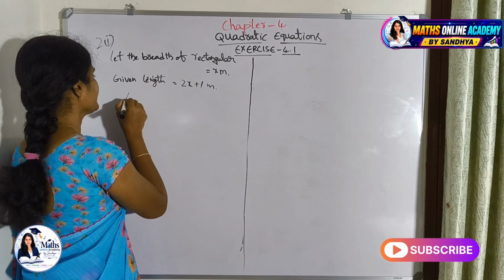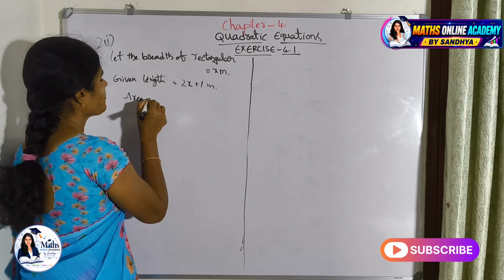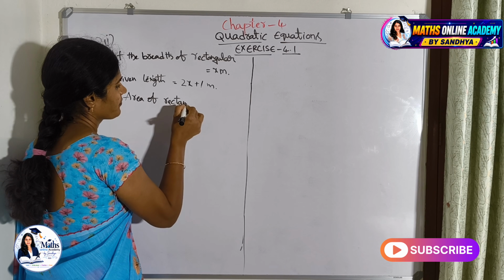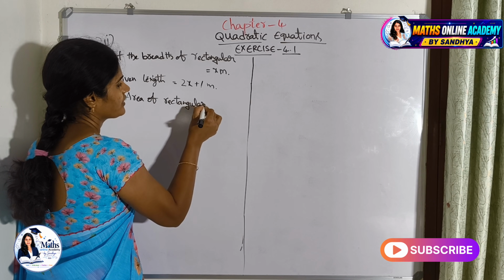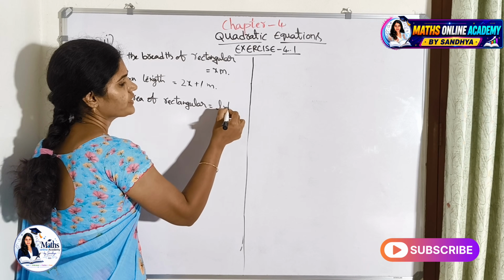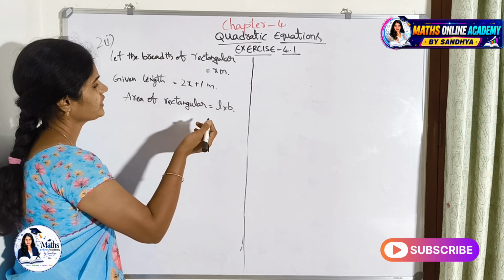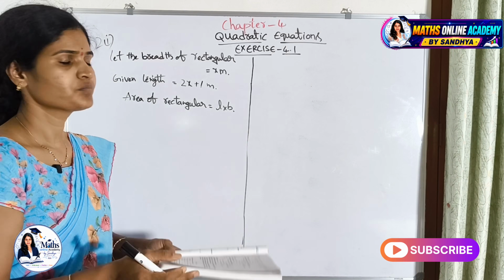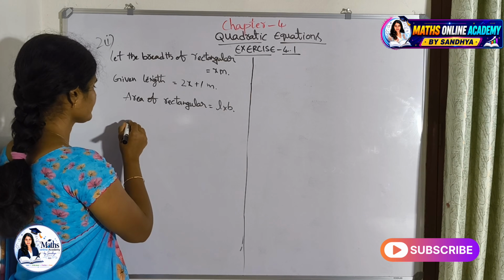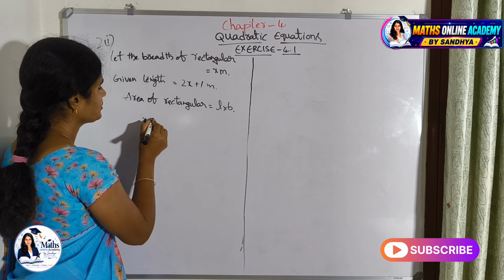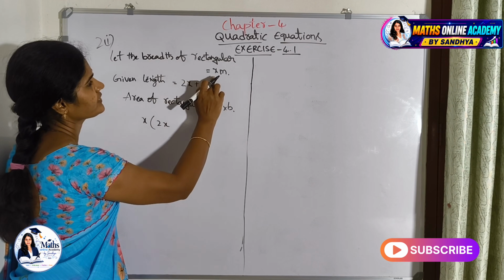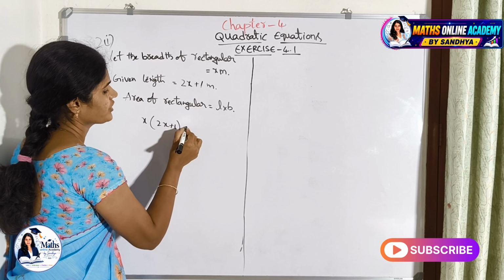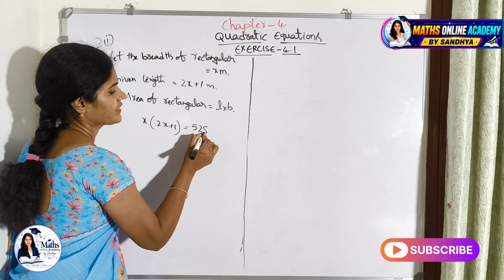And the area of the rectangular plot. What is the area of rectangular? Area of rectangular equal to what? Length into breadth, na? So here given what? Area of rectangular equal to 528. So given, x into length is 2x plus 1, breadth is x. So x into 2x plus 1 equal to 528.